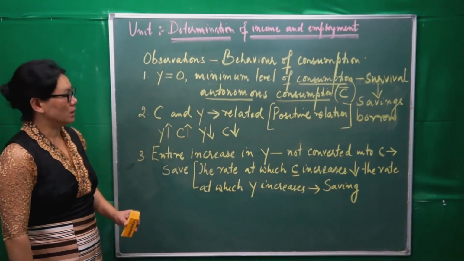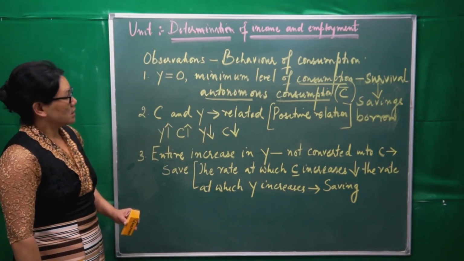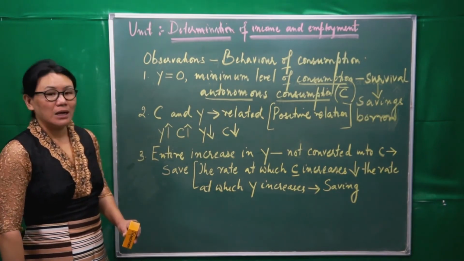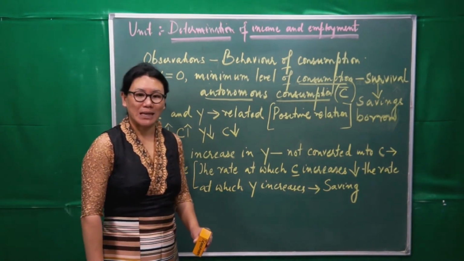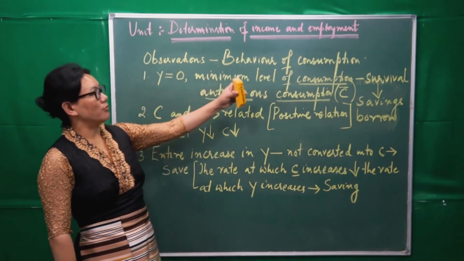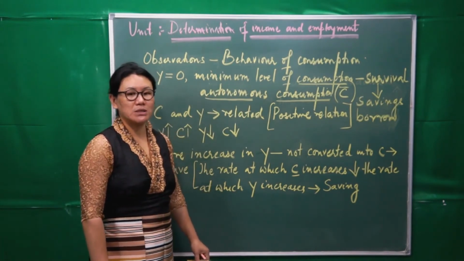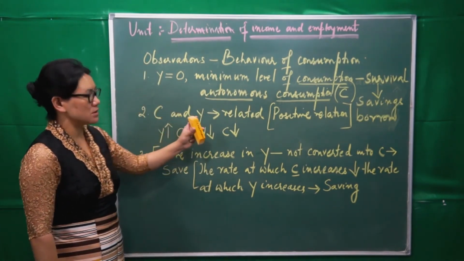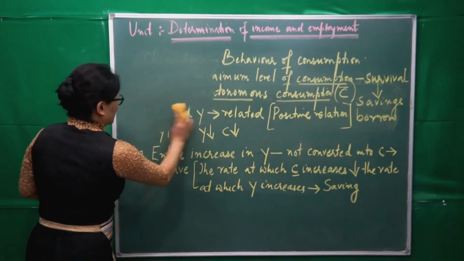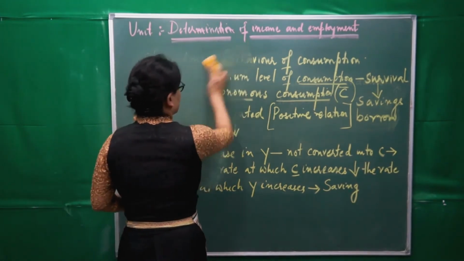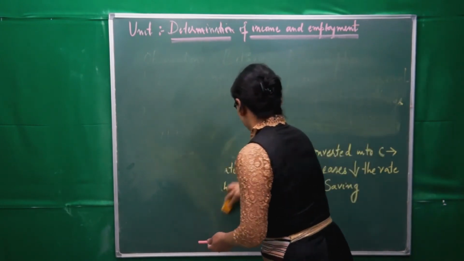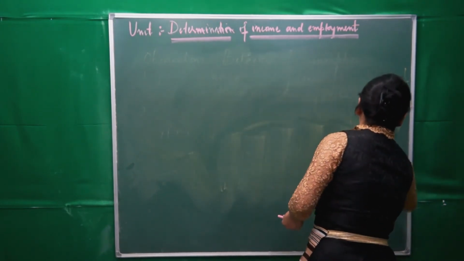All right. Now what we have to do is, let me make one schedule showing the behavior of consumption, or we can say the relationship between C and Y. We call it a consumption schedule.